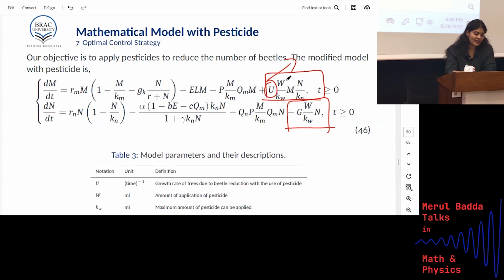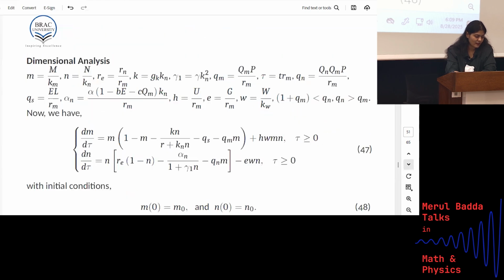W is the amount of pesticide applied in our system, G is the death rate of the beetles from the pesticide, and QM is the maximum amount of pesticide which can be used in our model. Similarly, by doing the dimensional analysis, this is our final model.